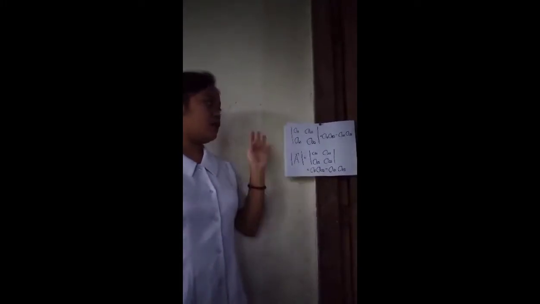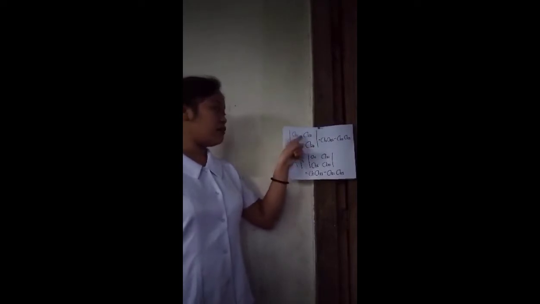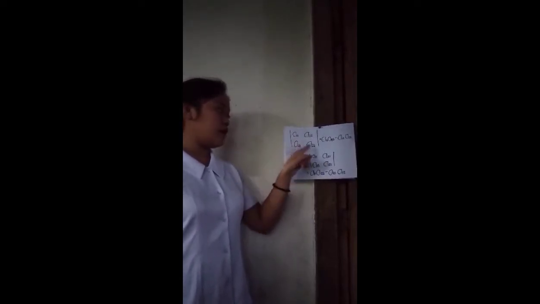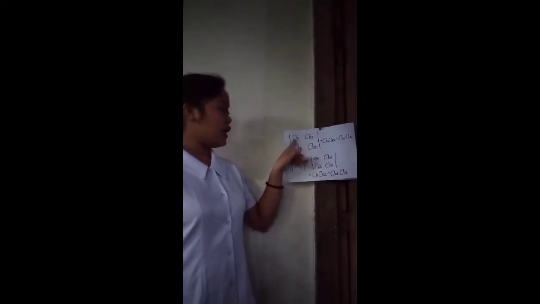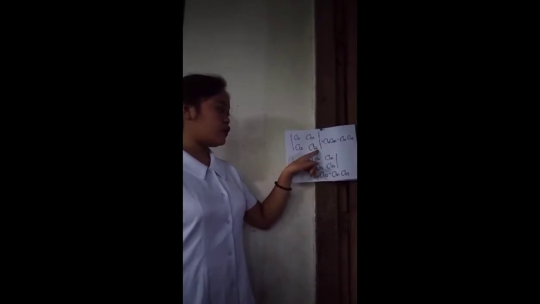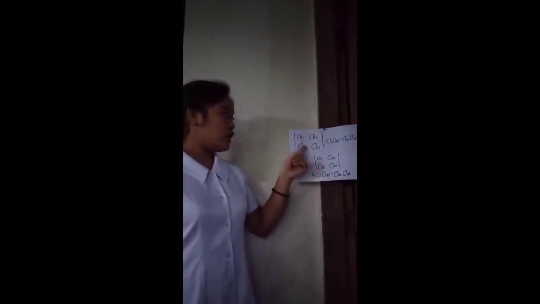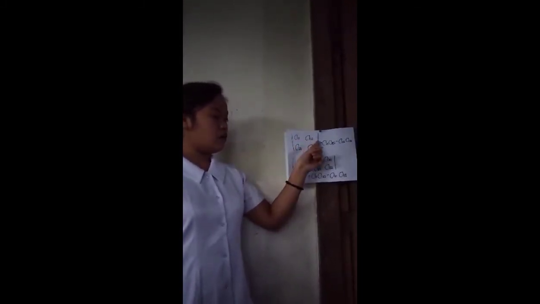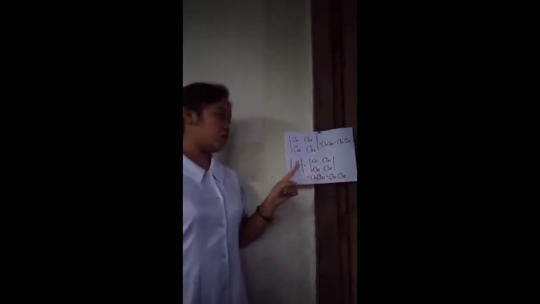Here we have an example. The determinant of this matrix A11, A12, A21, A22 is equal to the diagonal A11 times A22 minus the diagonal A12 times A21. And the transpose of this matrix is like this: the first row became the first column and the second row became the second column.